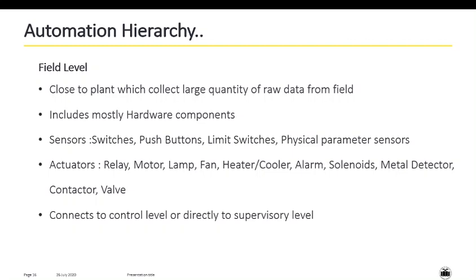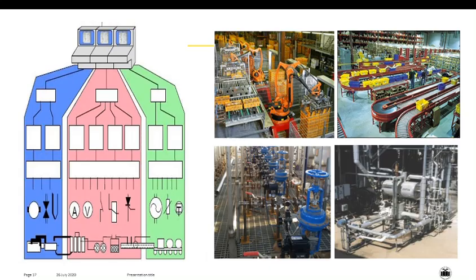If the fields are more in number, then you have to go for a control level. If only one or two fields are there, as the volume of the system is low, you can go directly to the supervisory level. But it is not necessary that every time you go directly to the supervisory level. Based on the nature of the system, you can go to the control level and then to the supervisory level.